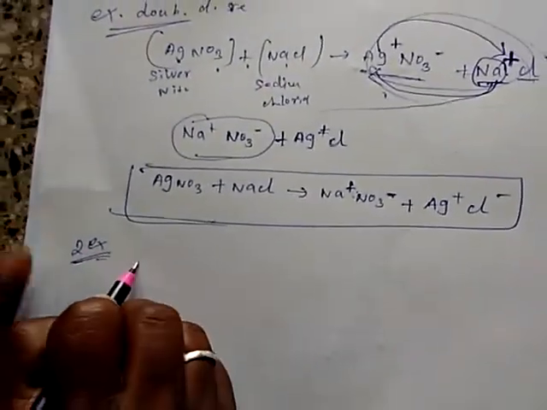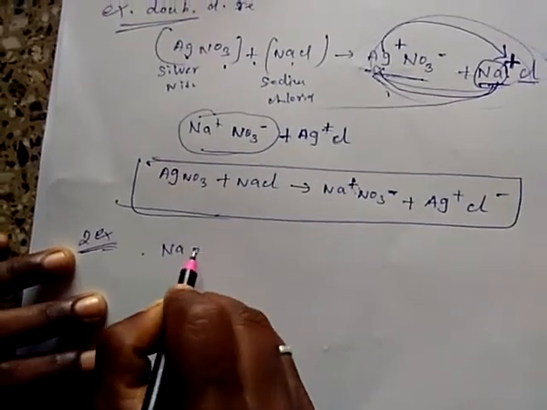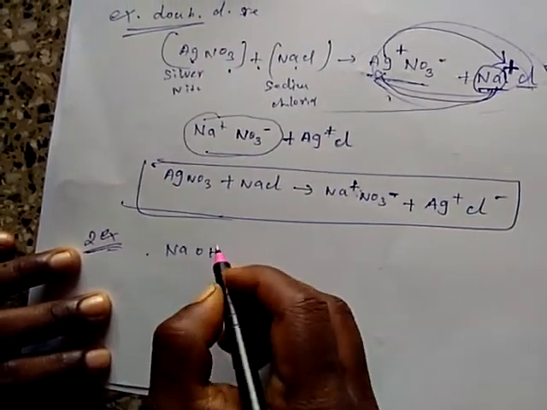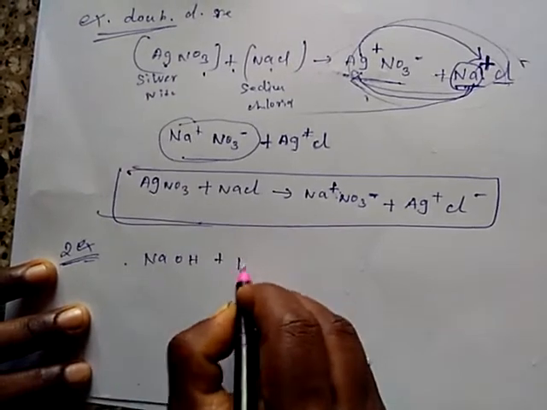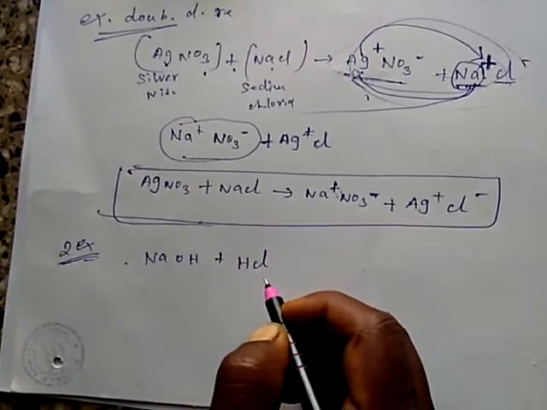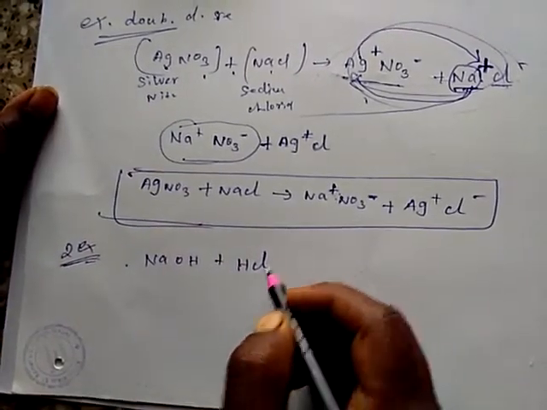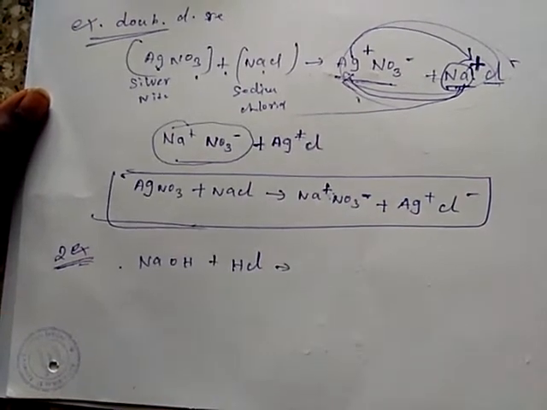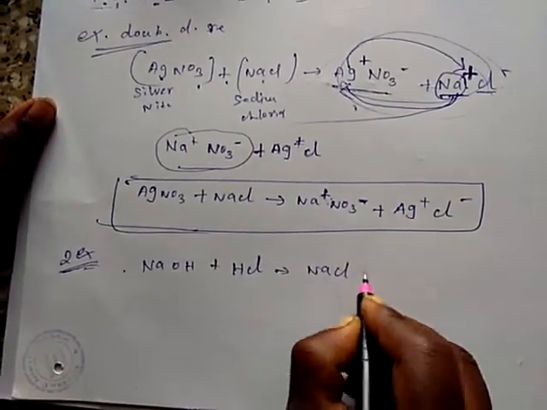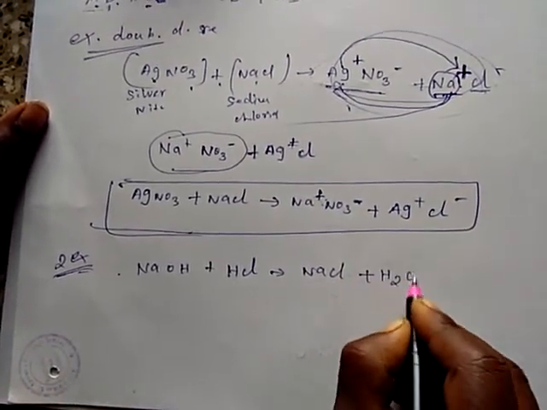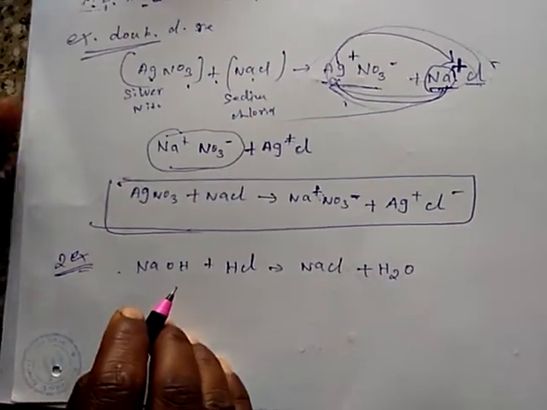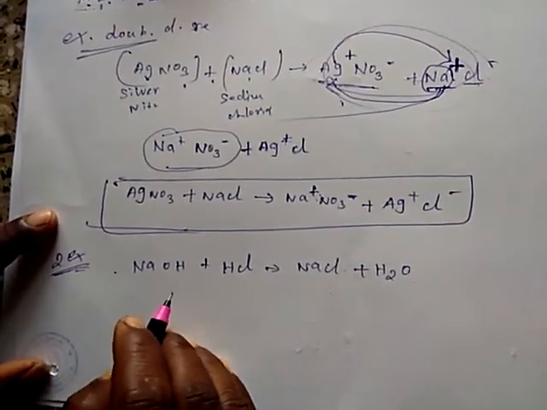Second example, NaOH plus HCl. Again, let's exchange the cations. We will get NaCl plus H2O, water. Do you know another name for this reaction?